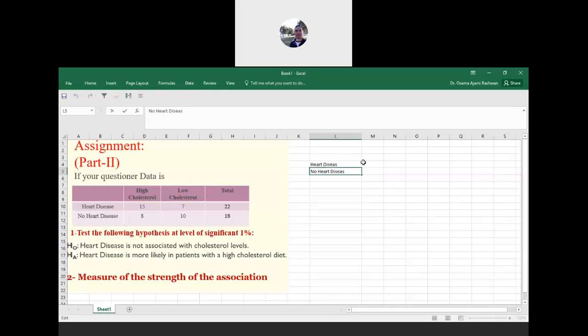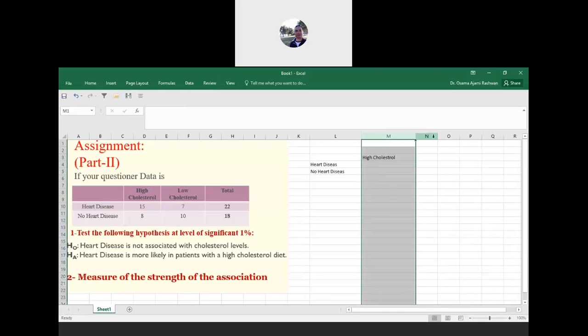Okay. And here, high cholesterol. And low.